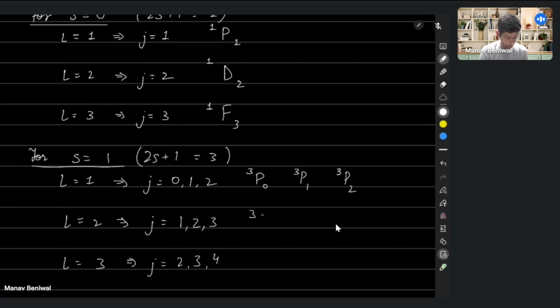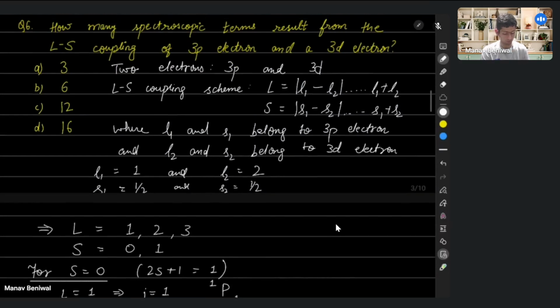Similarly here it will be 3D1, 3D2, 3D3, and finally, here L is 3, so this will be F, 3F2, 3F3, and 3F4.